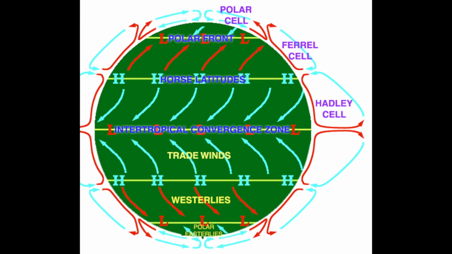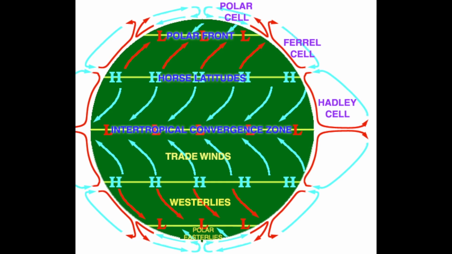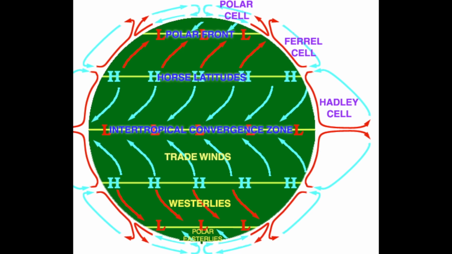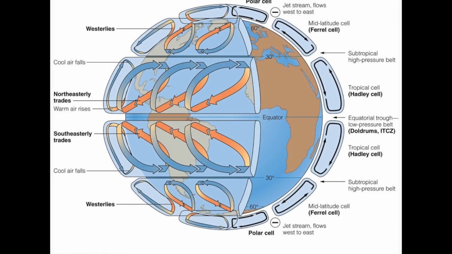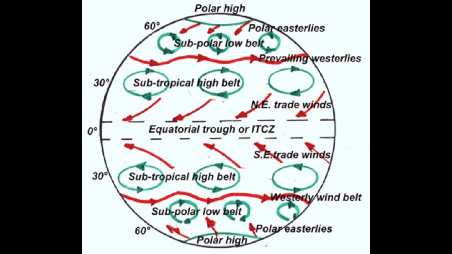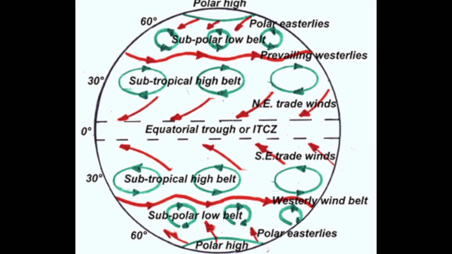The Ferrell cell of atmospheric circulation is not as effective in this zone as is the Hadley cell in the tropical zone. This general surface air circulation is westerly, which becomes southwesterly and northwesterly in the northern and southern hemispheres respectively due to Coriolis force.